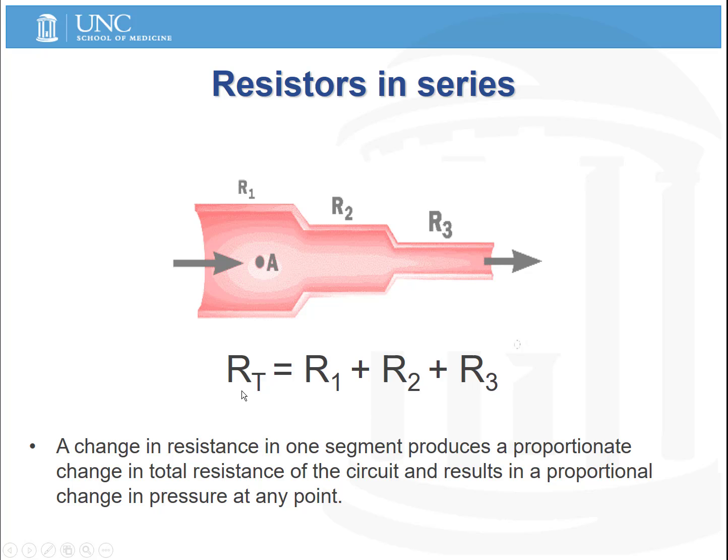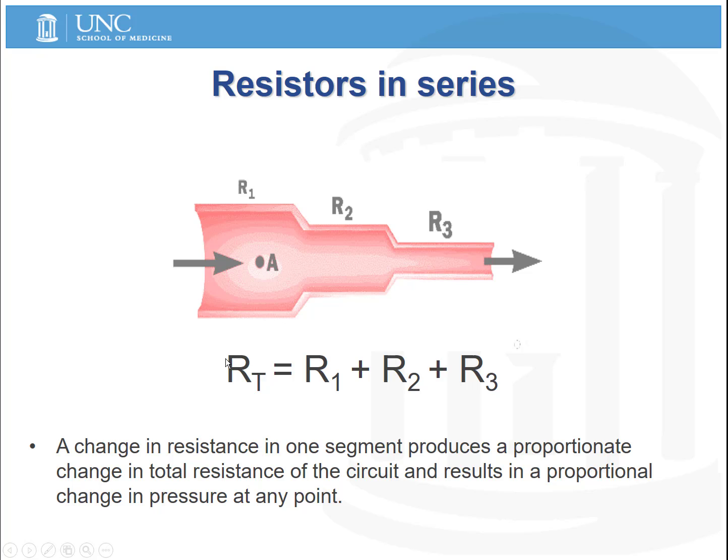So the total resistance of this series of 3 resistors is just the sum of the resistance of each individual segment. So in other words, the pressure drop across this entire system, or the difference between the pressure going in and the pressure coming out, is the sum of the pressure drops across each of the individual resistances in the system.